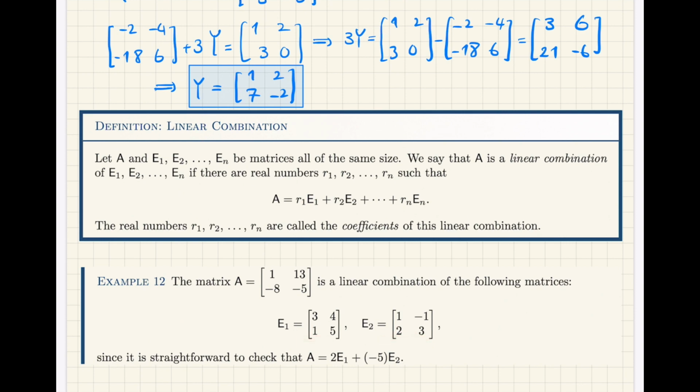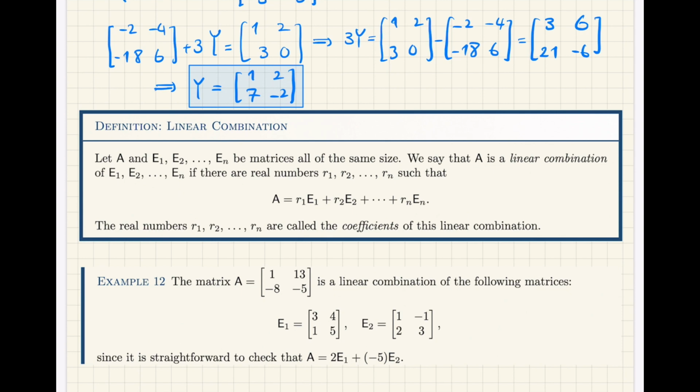It is very simple. You can check it yourself. Multiply this by 2, multiply this by minus 5, and add them together. You will get this matrix back. Then you can say that matrix A is written as a linear combination of E1 and E2, and if someone asks you what are the coefficients, they mean that tell me 2 and minus 5.